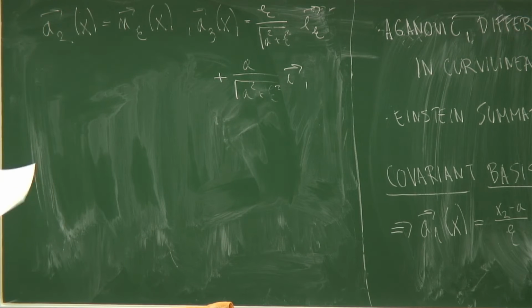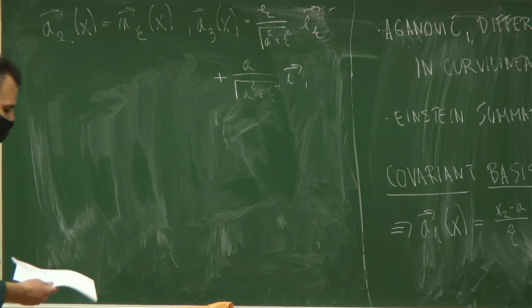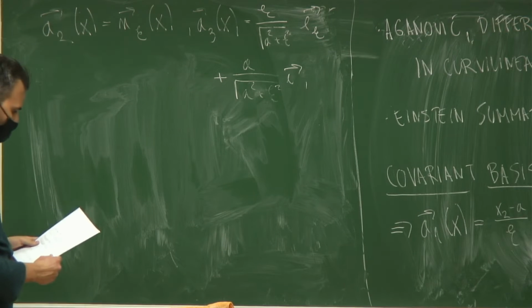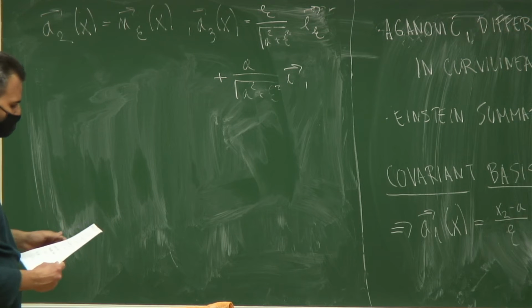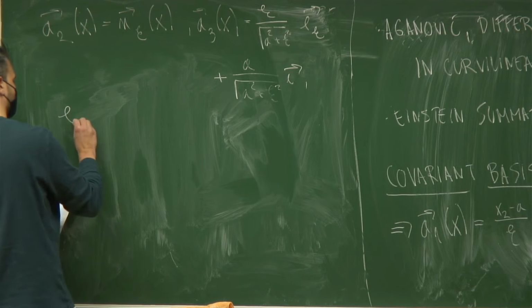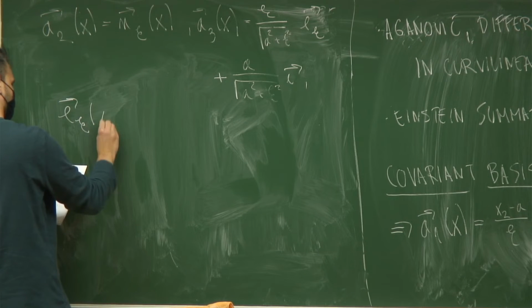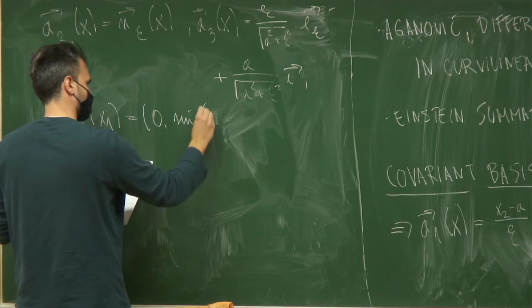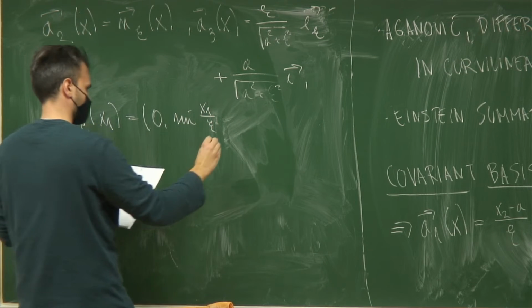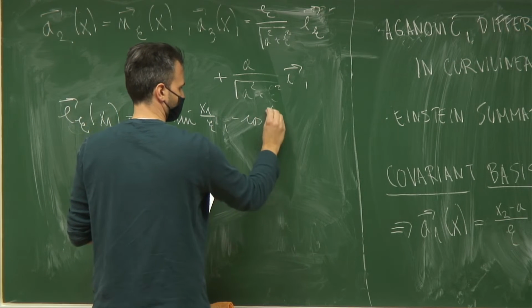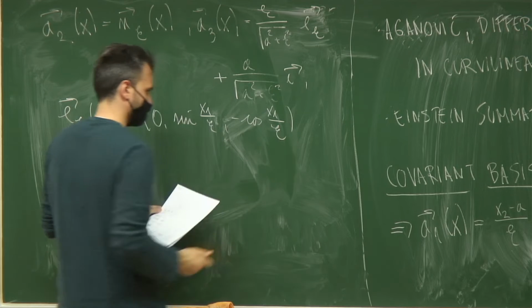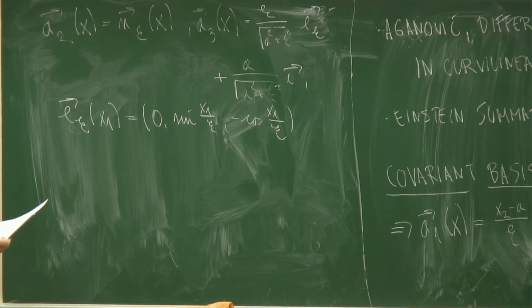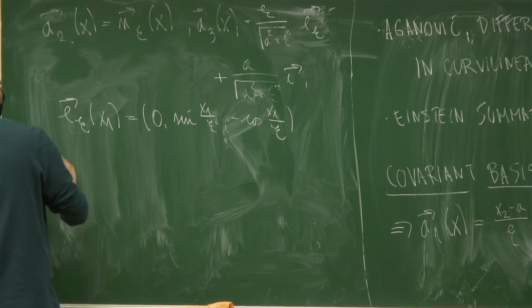This can be more or less easily obtained when you know this relation for the elements of the covariant basis. And this e epsilon of x1 is zero, sine of x1 over epsilon, and minus cosine of x1 over epsilon. So we have the basis.